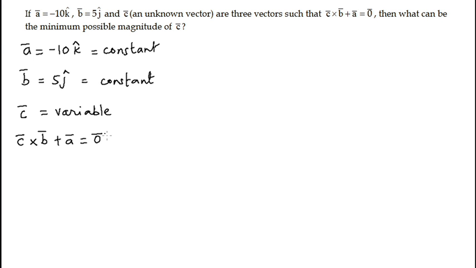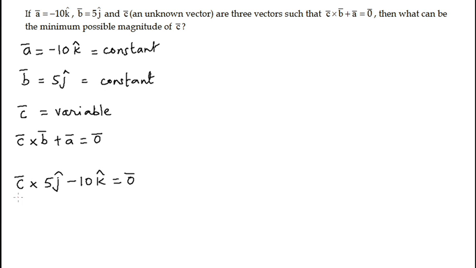And so, to simplify the question, I'm going to substitute for b bar and a bar as follows: c bar cross b bar has been given to be 5j cap plus a bar, so that would be minus 10k cap. Now that should be equal to 0 bar.